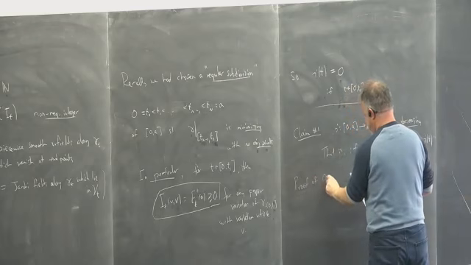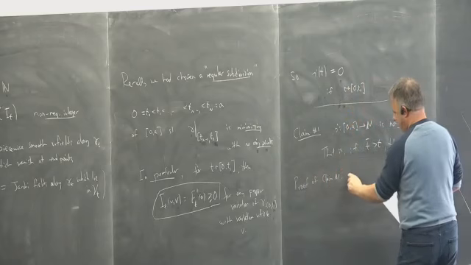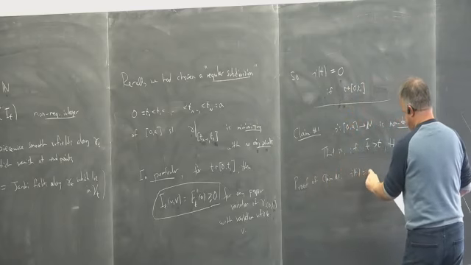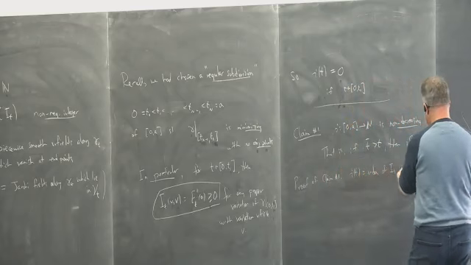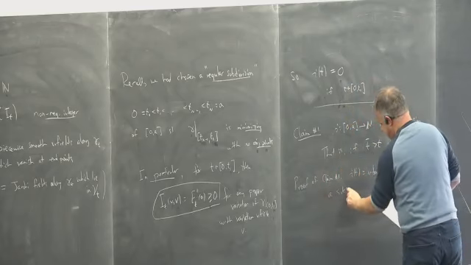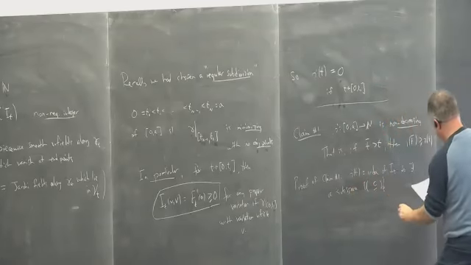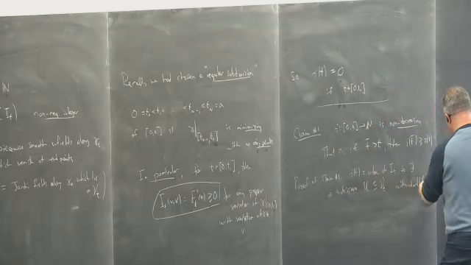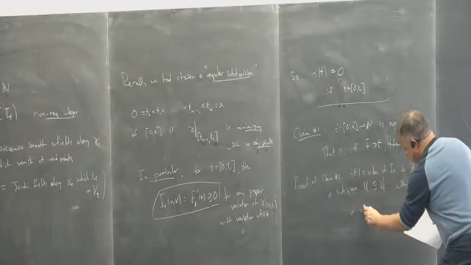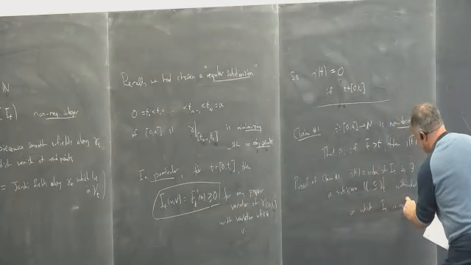Proof of claim one. So I(t) is the index of I_t. So there exists a subspace U in V_t with the dimension of U equals I(t), on which I_t is negative definite. That's what it means.